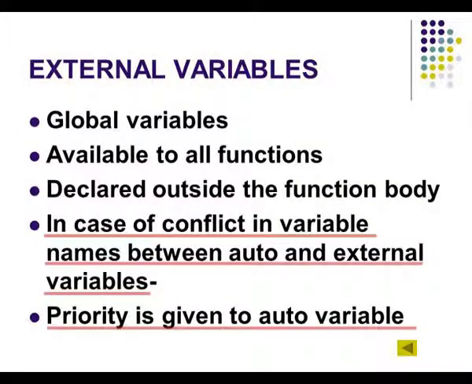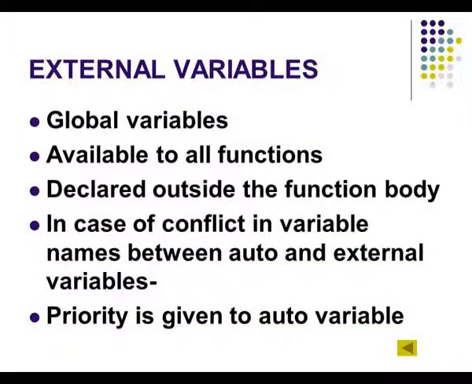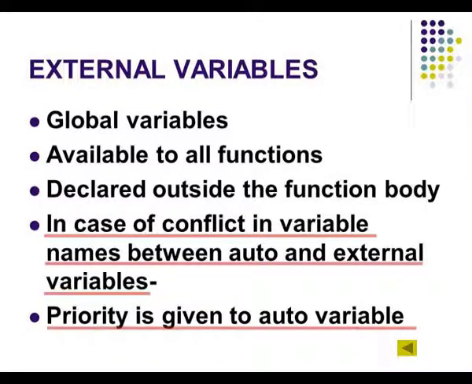That is what is mentioned here. In case of conflict in variable names, priority is given to the auto variable. The global variable will be hidden, because the local variable's work will be over once it is outside the function. So, once a conflict arises, the compiler will not give an error, it will simply give the preference to the local variable.